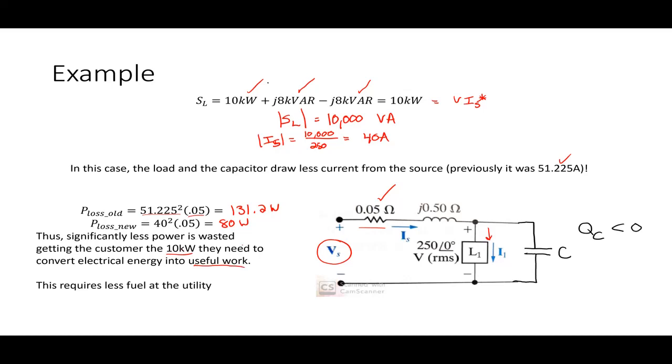The utility has to give you the power you require to do the useful work. This ultimately requires less fuel if I can get the complex power down, like we have in this case. I'm wasting less energy, so I require less fuel.